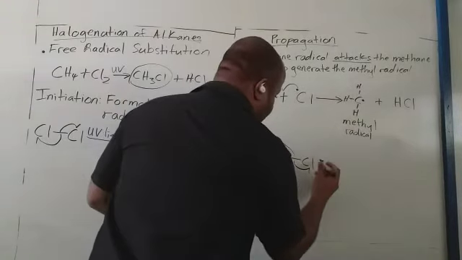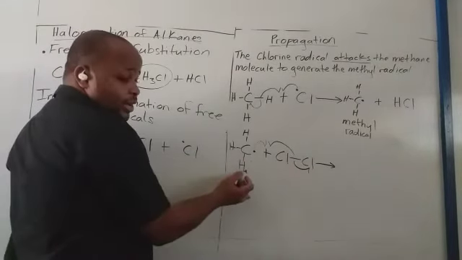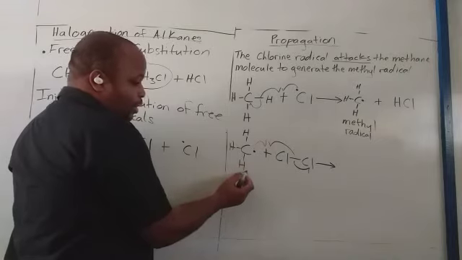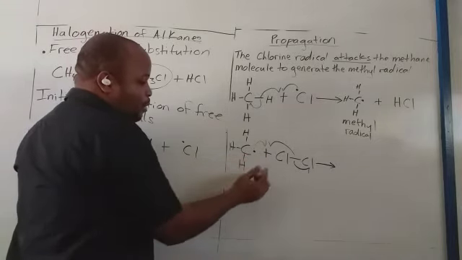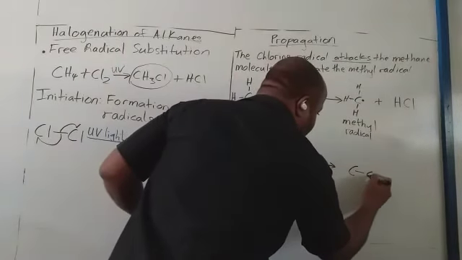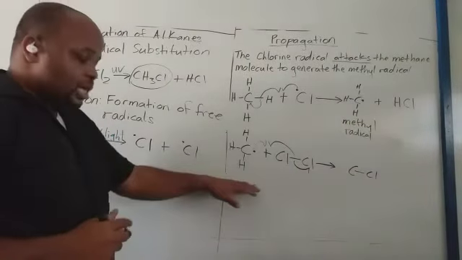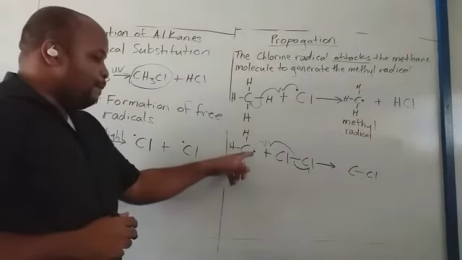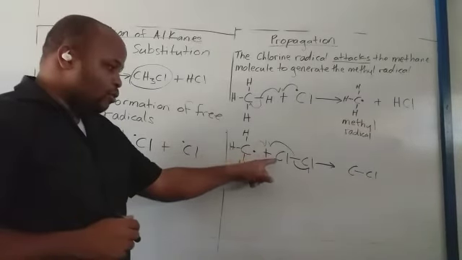So what should be our product? Clearly, we have a bond being formed between the methyl radical and chlorine, or between this carbon atom and chlorine. So you must have a carbon to chlorine bond as the product. On the reactant side, we see that a bond is being formed between this carbon atom and this chlorine atom.